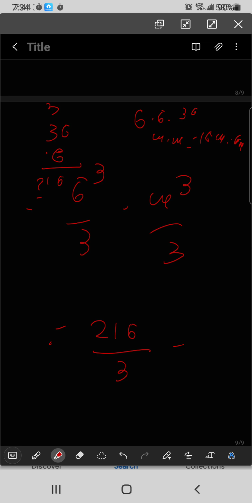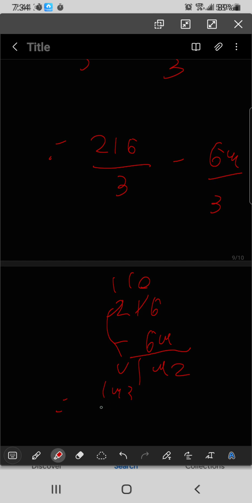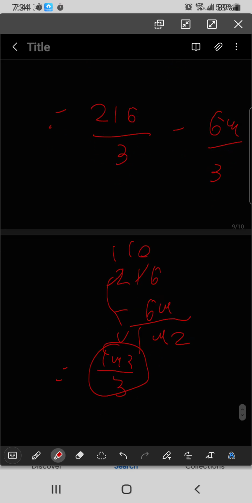Wait, let me check again. 4 times 4, okay, yeah, 64. So now I just need to subtract these. So 216 minus 64. This is what we have, 142 divided by 3 for that answer.